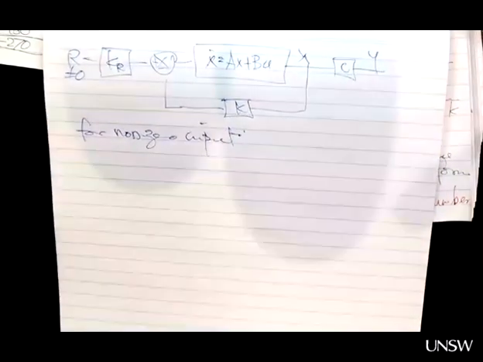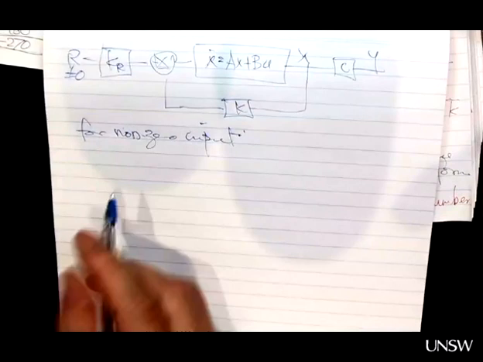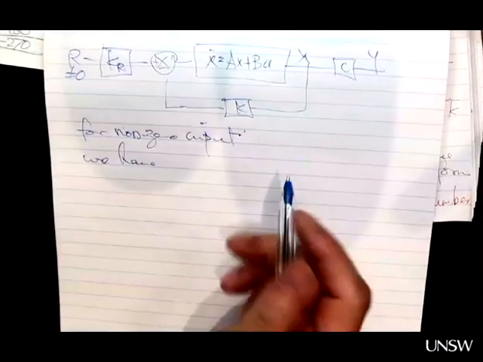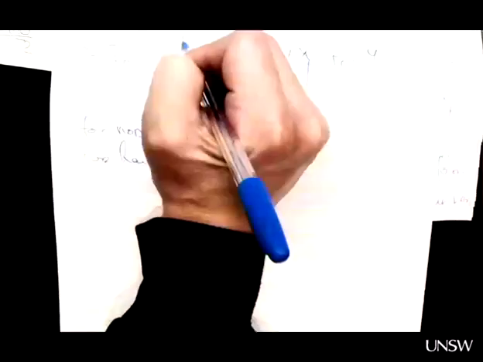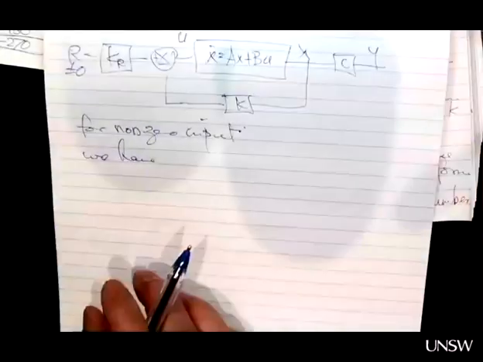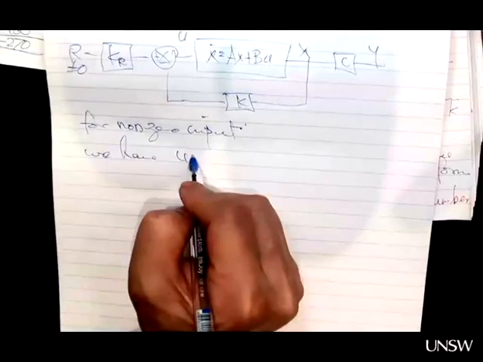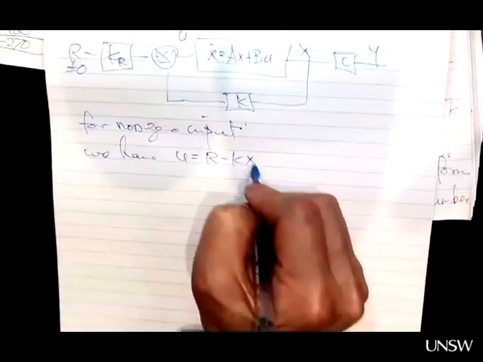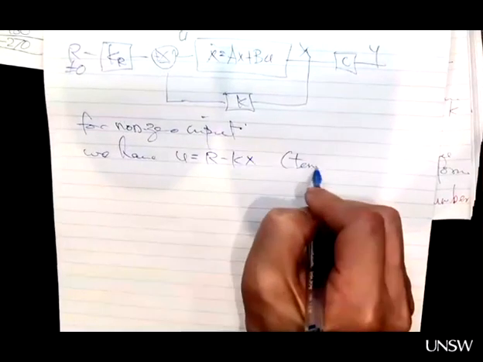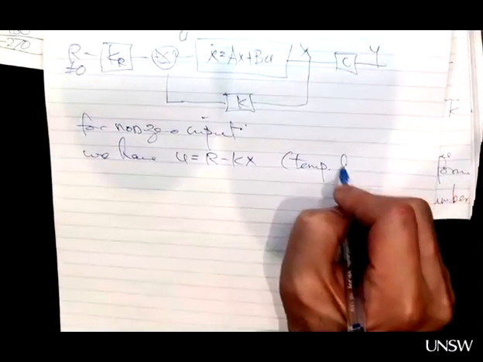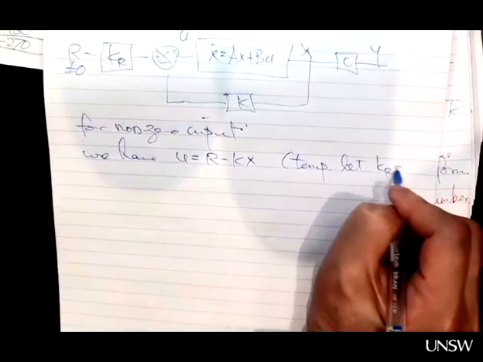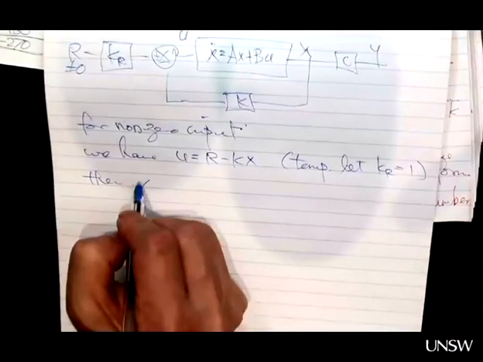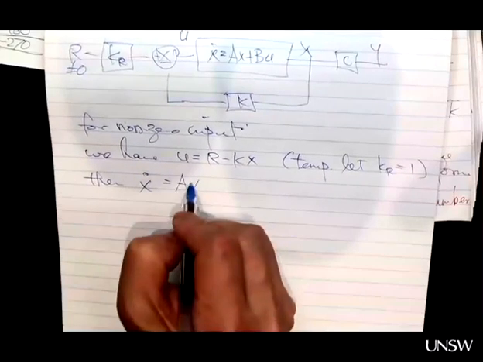So we have the control to the plant, the input to the plant, equals, we temporarily let R equals 1. Then x dot equals Ax plus B R minus Kx.